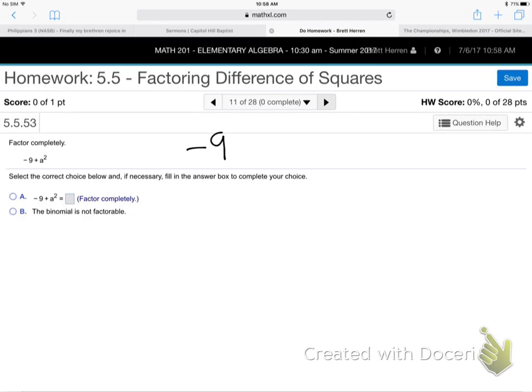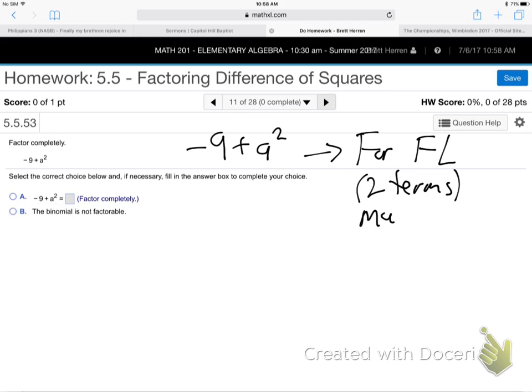So minus 9 plus a squared. Let me write this. For FL, 2 terms, we must have minus in the middle.